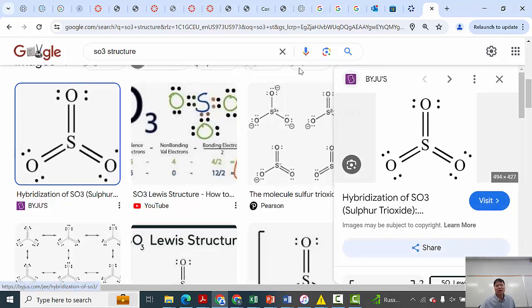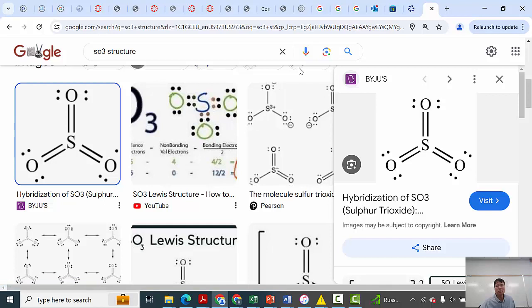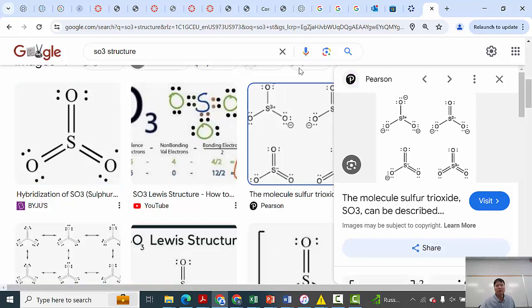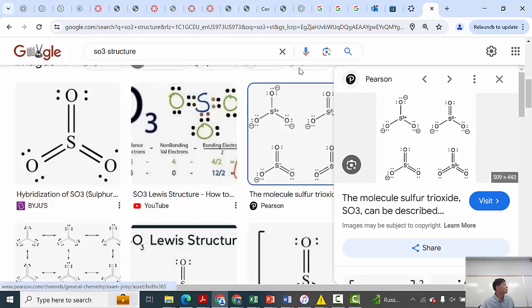So here's a case where they expanded the octet and minimized the formal charge. Here they're looking at different scenarios. This first structure is bad. What's bad about this first structure? Their formal charge is extreme. Yeah, but even worse.